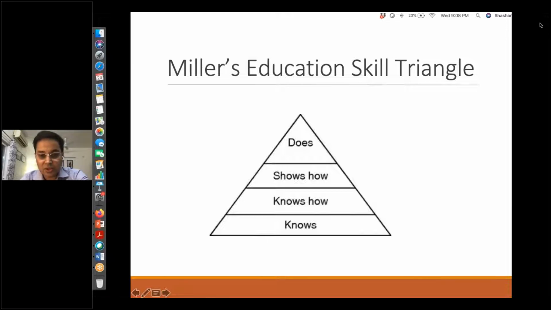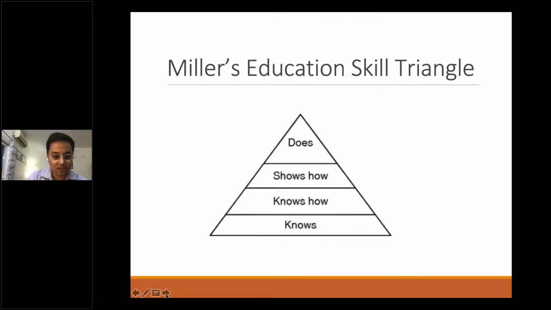Part 3 is mainly about knowing how you know what you know, and showing how, and sometimes even doing. So if Part 2 is at the bottom, knowing and knowing how, Part 3 is showing how and doing. Communication is the key, and it is central to this examination. In this examination, communication is assessed in several domains, and we will touch upon those things.